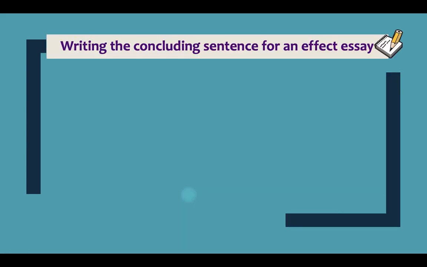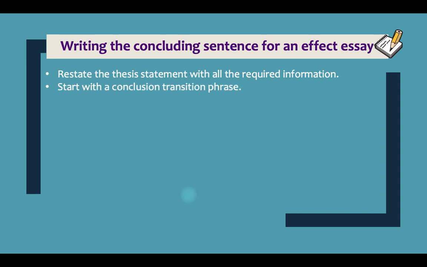Okay, let's go on and look at writing the concluding sentence for an effect essay. We know that a concluding sentence will restate the thesis statement with all the required information. We know that it will start with a conclusion transition phrase like to summarize, in conclusion, all in all.